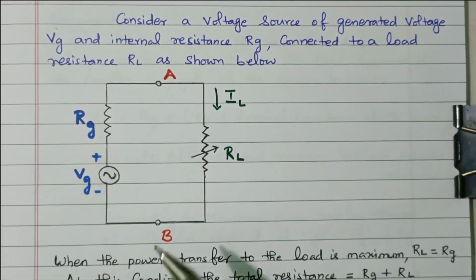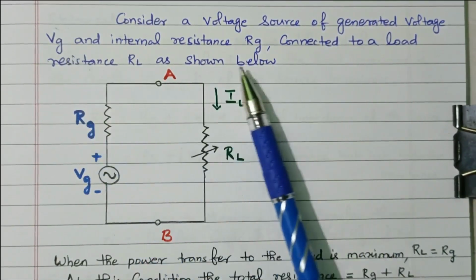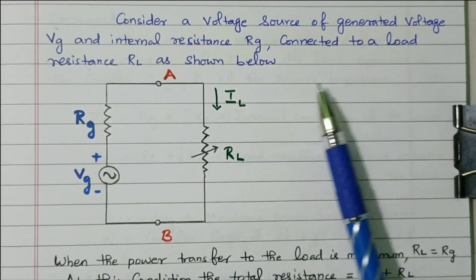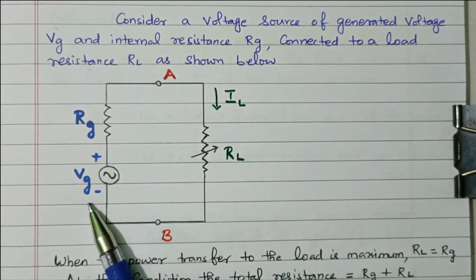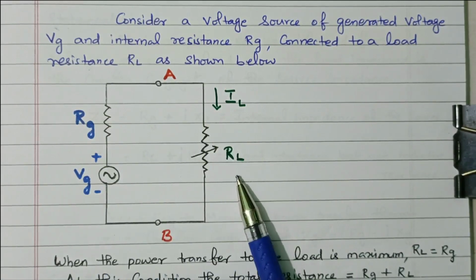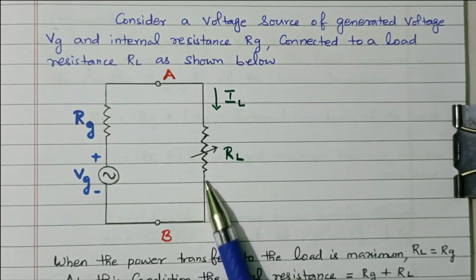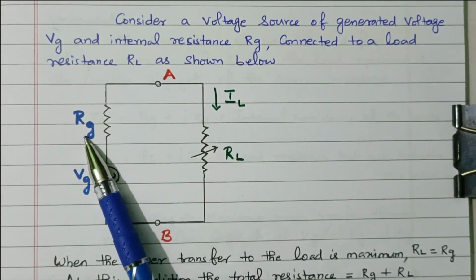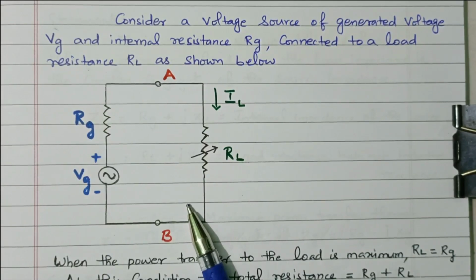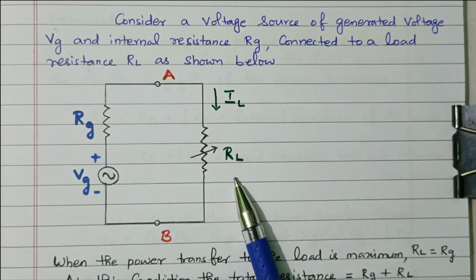Consider a voltage source of generated voltage Vg and internal resistance Rg connected to a load RL as shown in the diagram. We have the voltage source Vg, this is the load resistance and load current, with terminals AB. The load resistance is marked as terminal AB. Rg is the internal resistance. Based on the maximum power transfer theorem, Rg is equal to RL.